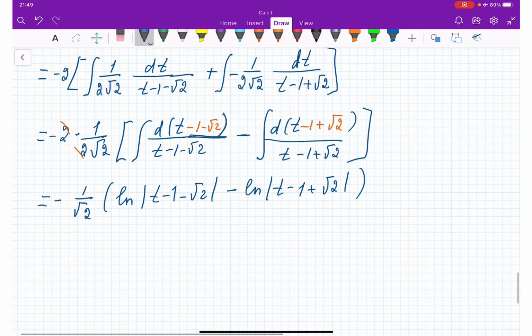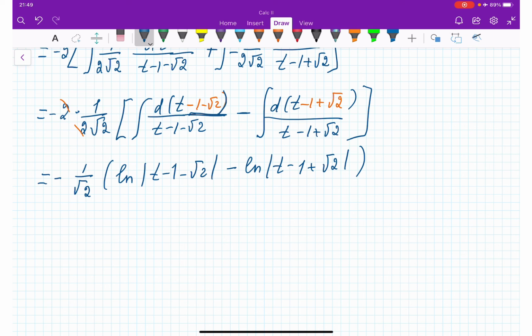right? And since we have subtraction, what can we do? Subtraction of logs is equal division of logs, right? Let me write down. Log A minus log B is equal log A over B, as long as base is the same.